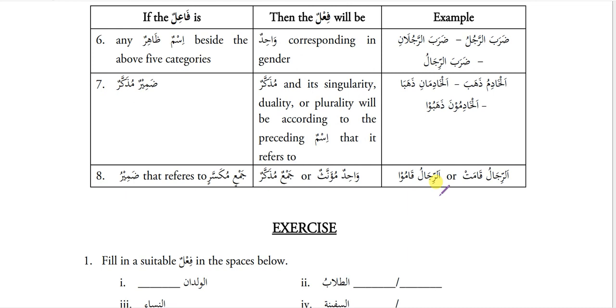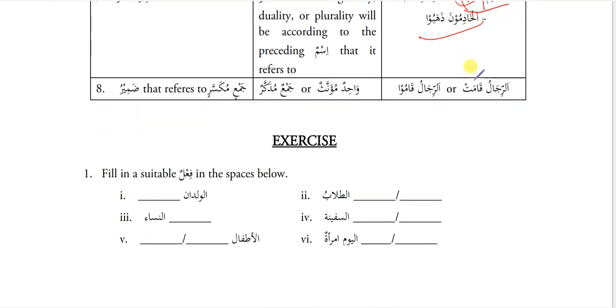And if fa'il is a zamir muzakkar, the same thing happens, as I told you earlier, like al-khadimu dhahaba, al-khadimani dhahabani, al-khadimuna dhahabu. Here this is actually mubtada khabar: al-khadimu is mubtada and dhahaba is khabar, so they have to be similar in wahid, tasniya, jama as well as muzakkar, muannas. And ar-rijalu qamat, ar-rijalu qamu, I already explained these things.